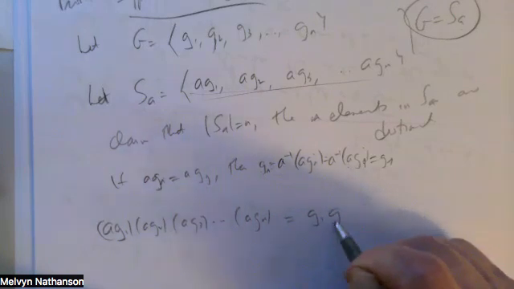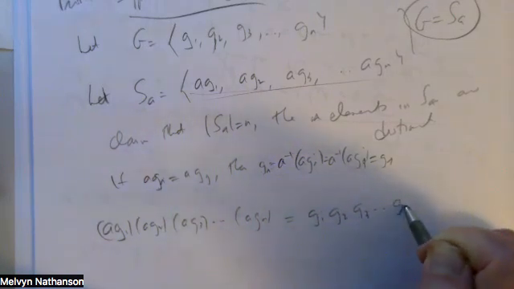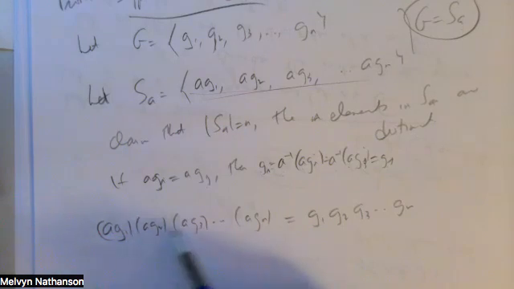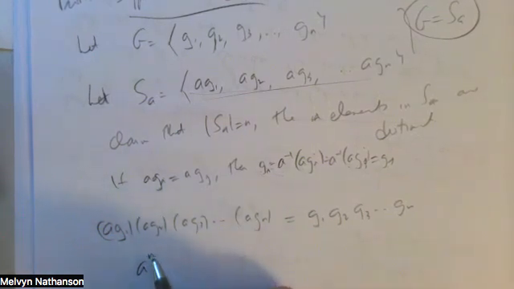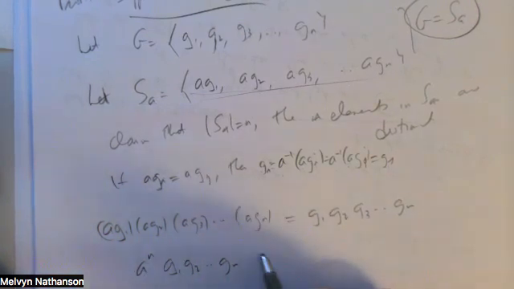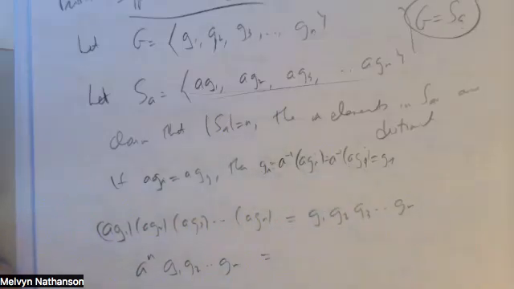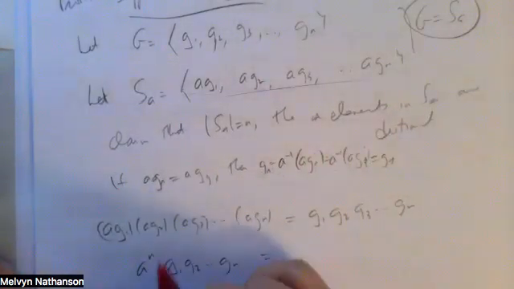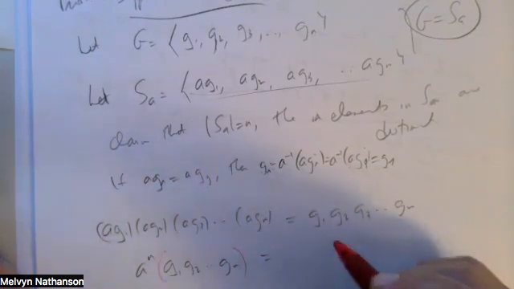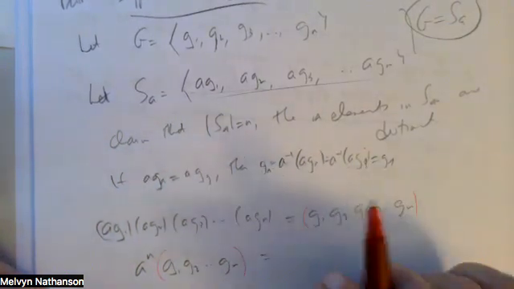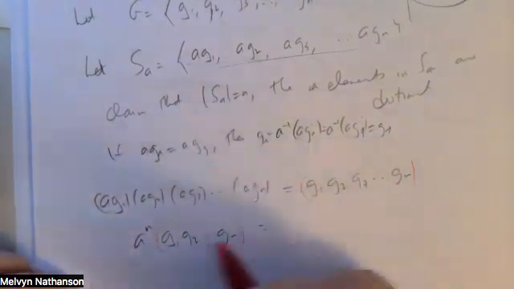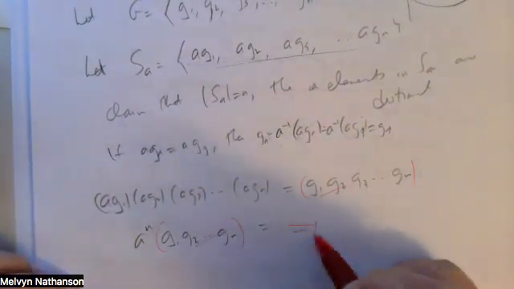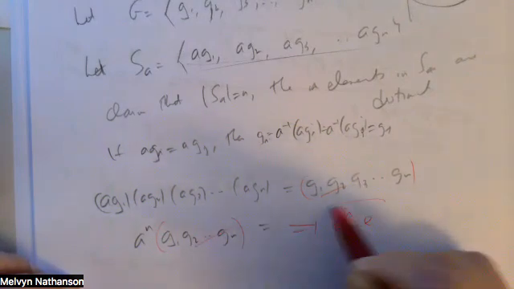This is just going to be g1, g2, g3, up to gn. And rearranging all this, I have a to the n times g1, g2, up to gn equals this. So I have a to the n times the product of the elements of the group equals the product of the elements in the group. If I multiply by the inverse of this, I just cancel this. I get a to the n equals the identity.